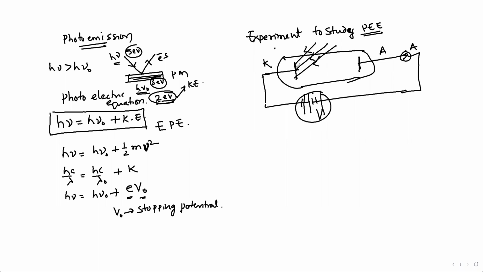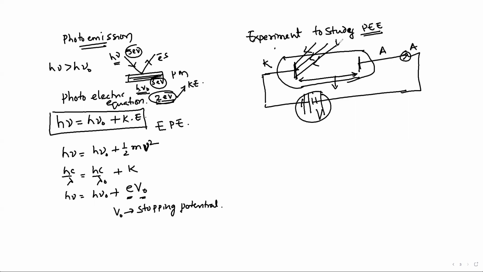When you apply potential, and this is a vacuum tube, we know that current will pass. But because there is a gap between these two, the current will not be conducted.